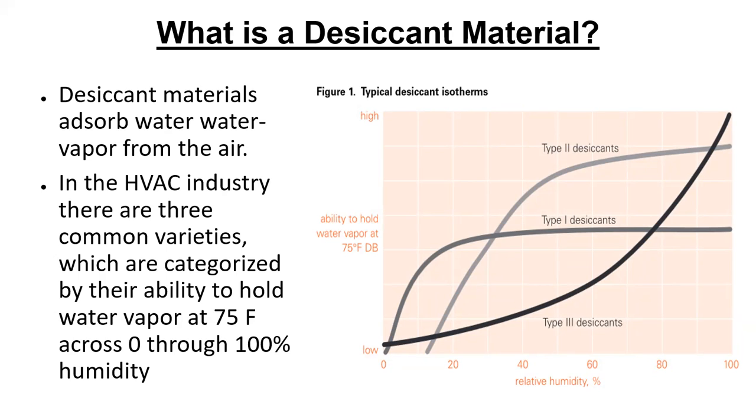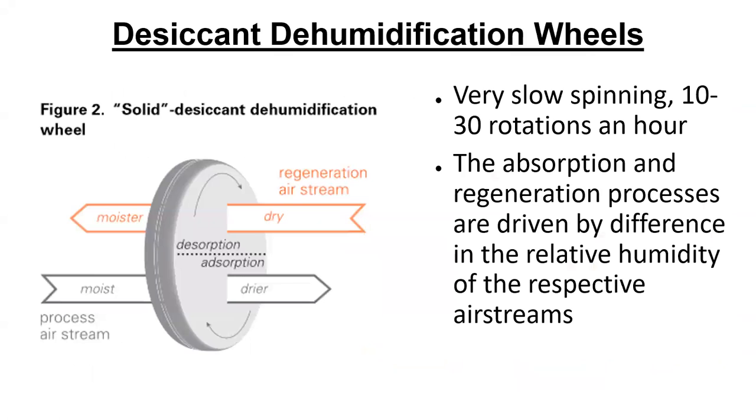It's pretty much at its highest capability, which is pretty good. So type 2 is definitely better than type 1. You can tell why it's 1, 2, 3. They keep getting better, except that if you're going to use a type 3, you need to put air that's very high relative humidity across the desiccant so that it will grab a lot of water for you. Okay, so that's what this is looking at.